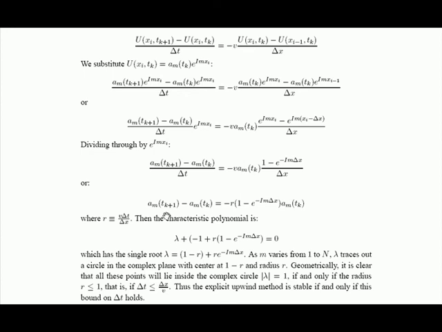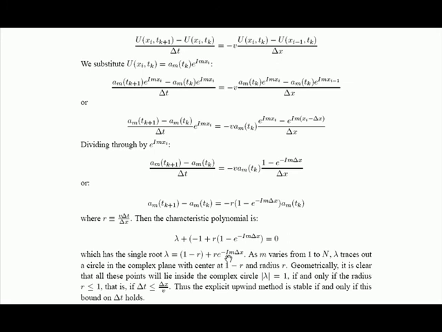So as in the usual stability analysis, we approximate a(t_k) by lambda to the k, and we get a first order characteristic polynomial because it's a first order recurrence relation. For fixed m, it's just a homogeneous constant coefficient linear recurrence relation, first order. There it is, and the root is 1 minus r plus r e^{-i m delta x}.